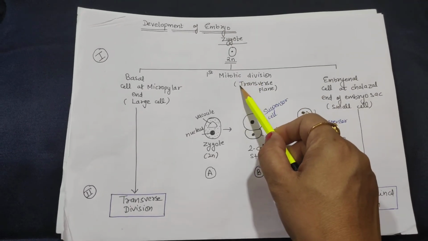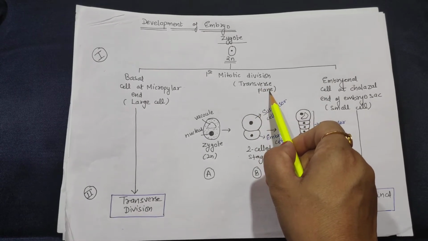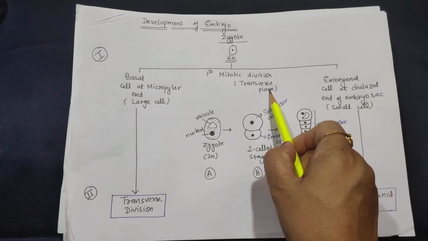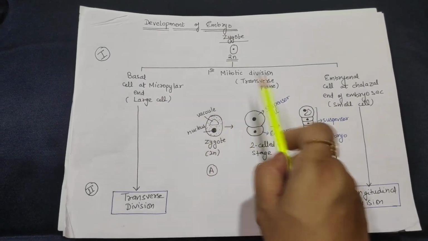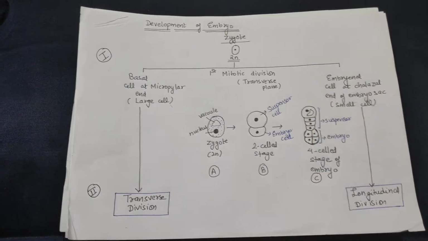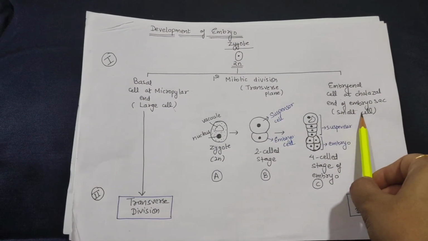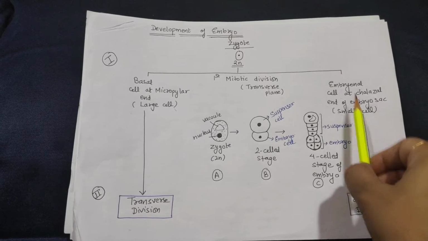It results in the formation of two types of cells. One is called the basal cell at the micropylar end and another is called the embryonal cell at the chalazal end of the embryo sac.